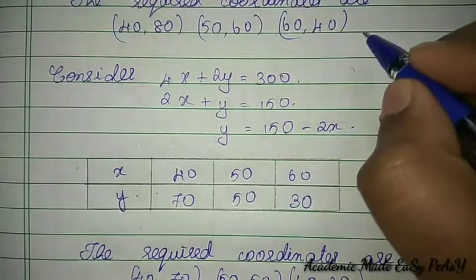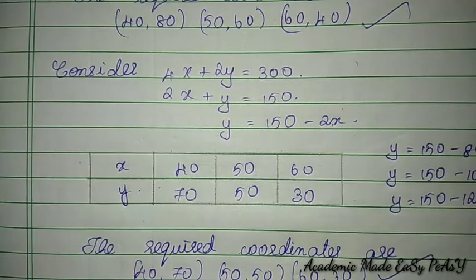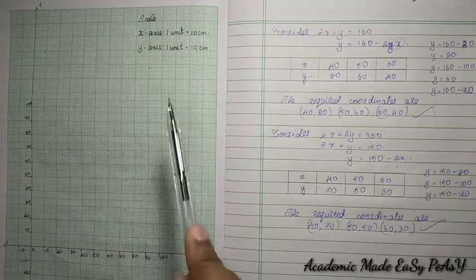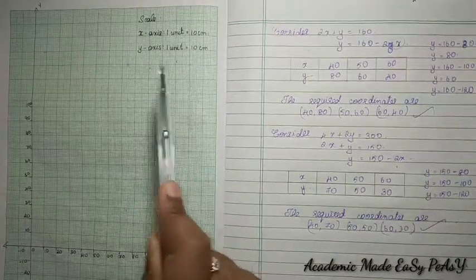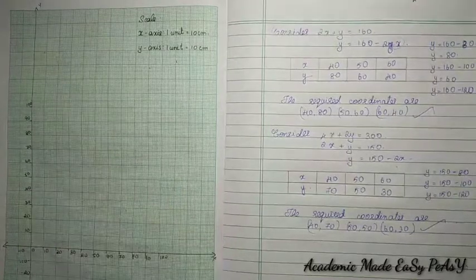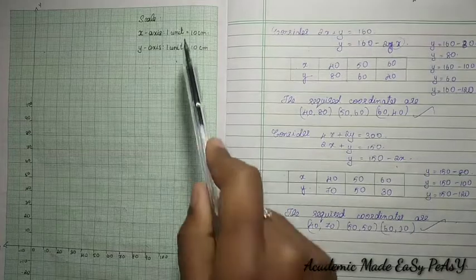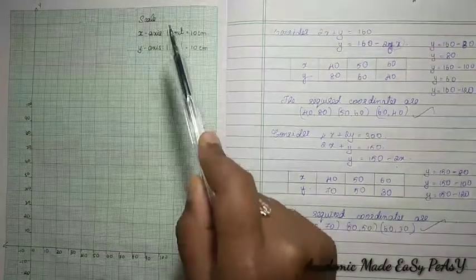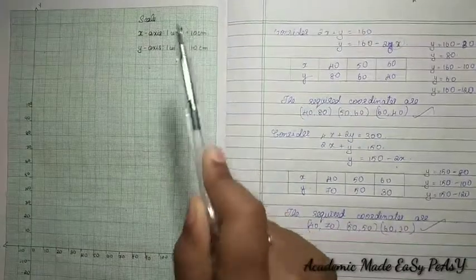So we got coordinates for equation 1 as well as 2. So now let's start plotting. In this graph, writing the scale is very important, and you have to mention y dash, x dash and all those, and whatever units you're using, you have to mention it in the scale. I have taken 1 unit is equal to 10 centimeter. I have mentioned that.